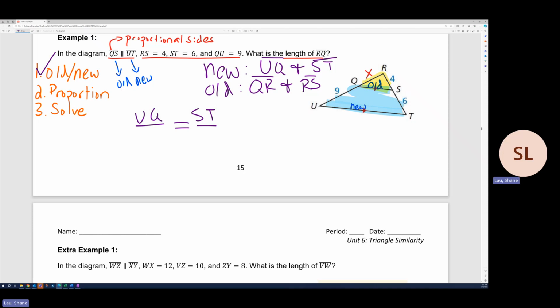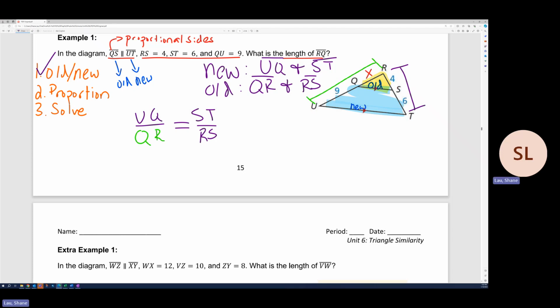But remember, if we have UQ, we must have it on the same side. And so for us, UQ on the same side is going to be this value of QR. And the same would be true for ST. If we have ST as a value here, we must use RS as the value here, just like so.